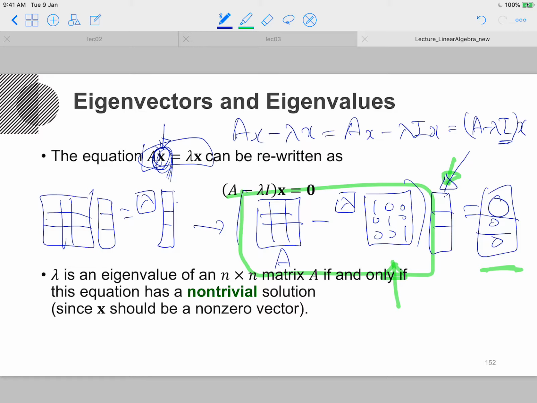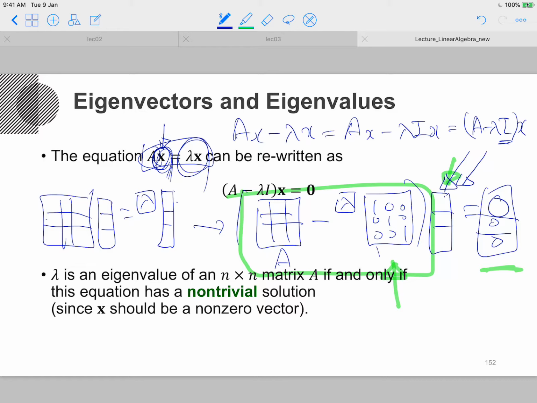So in that case, it doesn't have any meaning, because as I mentioned, its intuitive meaning is that the direction should be preserved between input and output, but the zero vector doesn't have any direction, right? So by definition, an eigenvector cannot be the zero vector.